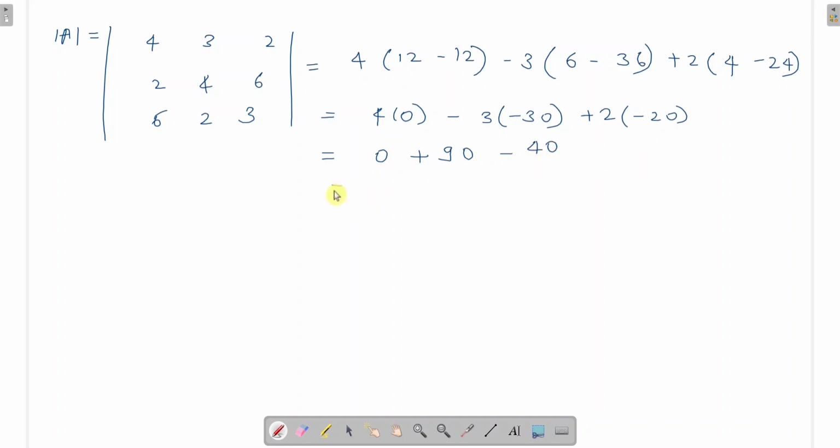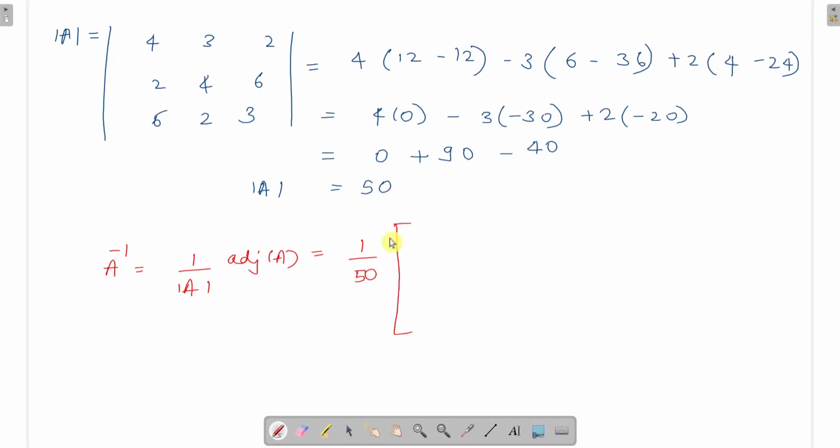So what we will get is 50. So the determinant of A is 50. Now we can calculate A inverse. So A inverse is equal to 1 by determinant of A times adjoint of A. Right? So that means 1 by determinant of A is 1 by 50.